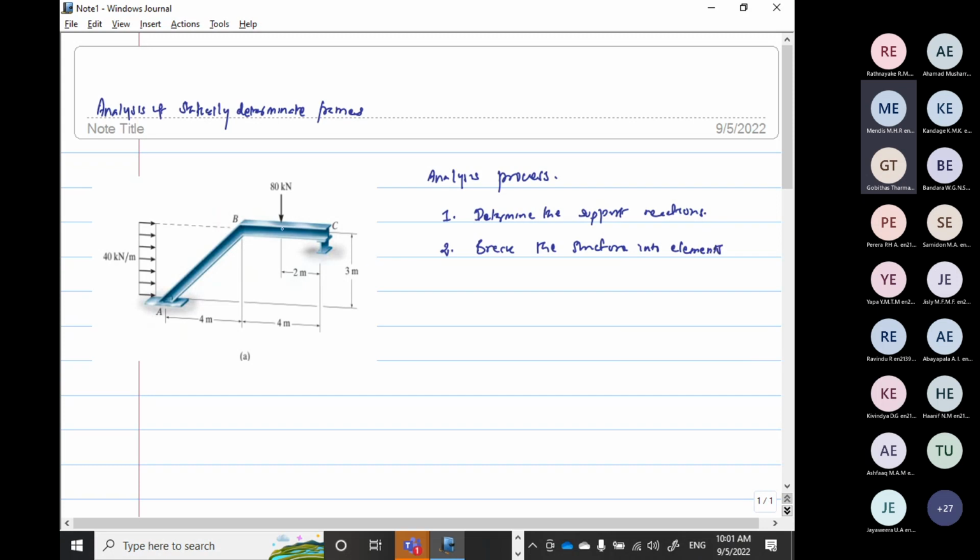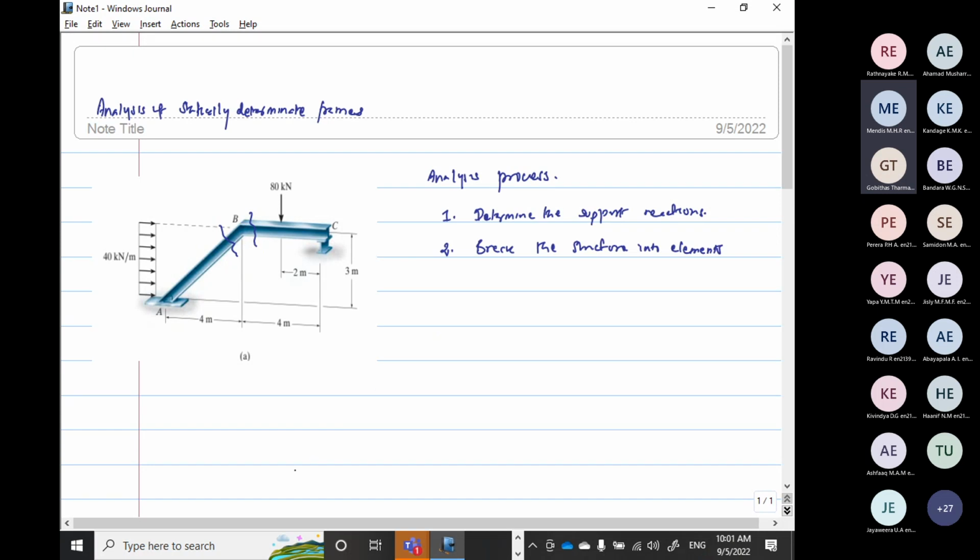So here, if you look at this, there is a beam element and there is a column element, or inclined column. We need to break at the joint.